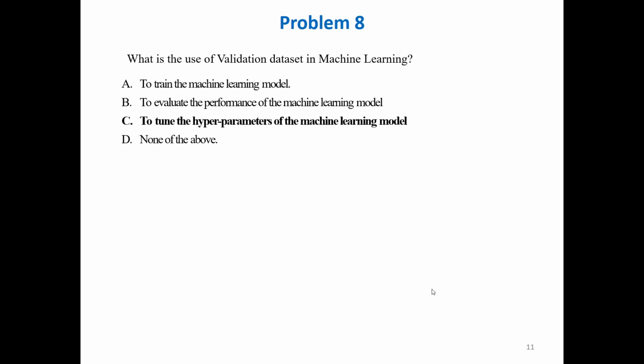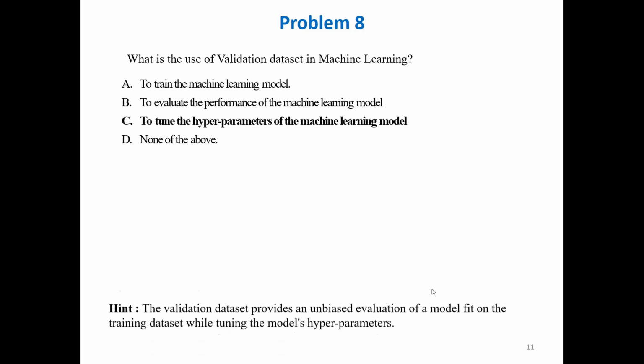Now, in the validation dataset, during testing, what happens? The model will tune all the parameters to get the maximum accuracy and minimum error. So the validation dataset is basically used to tune the hyperparameters of the machine learning model to get the maximum accuracy and minimum error.